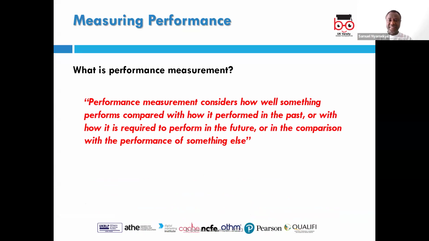This sort of tool helps you to consider how well something is performed compared with how it was performed in the past, or with what is required in the future, or in comparison with something else. You want to look at where you are and where you want to go. This sort of tool helps you to do that.